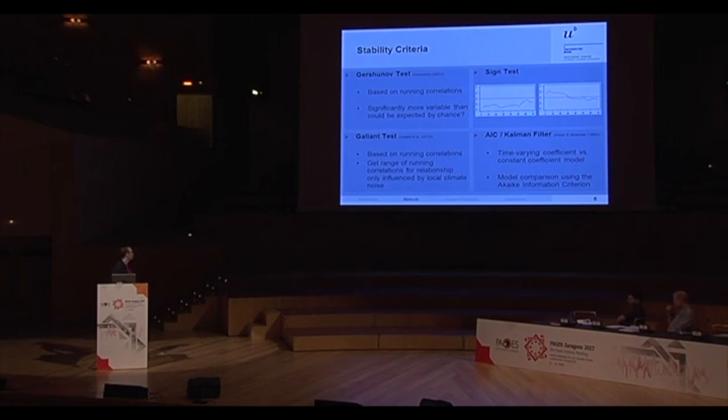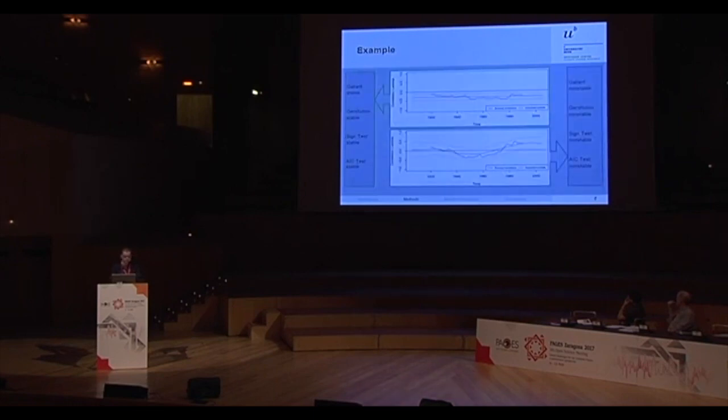We have a model with time-varying coefficients versus a model with constant coefficients, and the AIC, the Akaike information criterion, is used to do the model comparison. This is a brief example showing you two running correlation time series. The upper one is a stable example. The lower one shows a non-stable one.